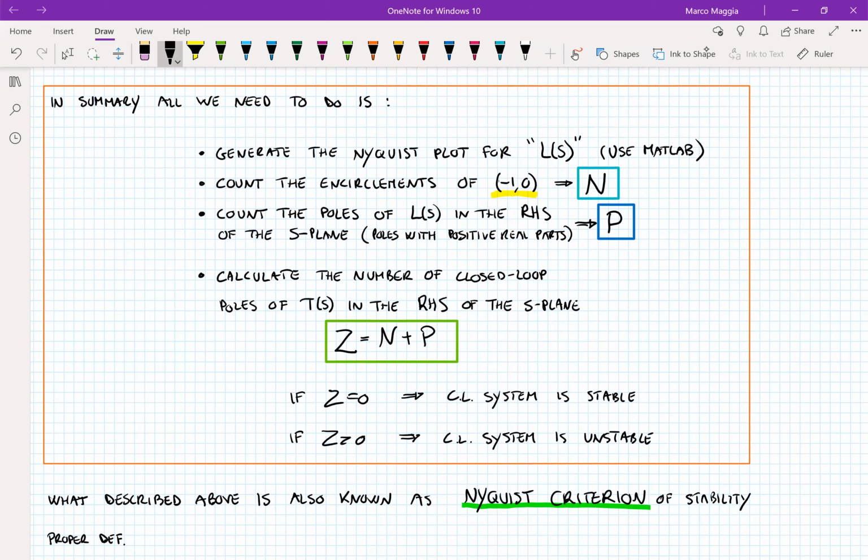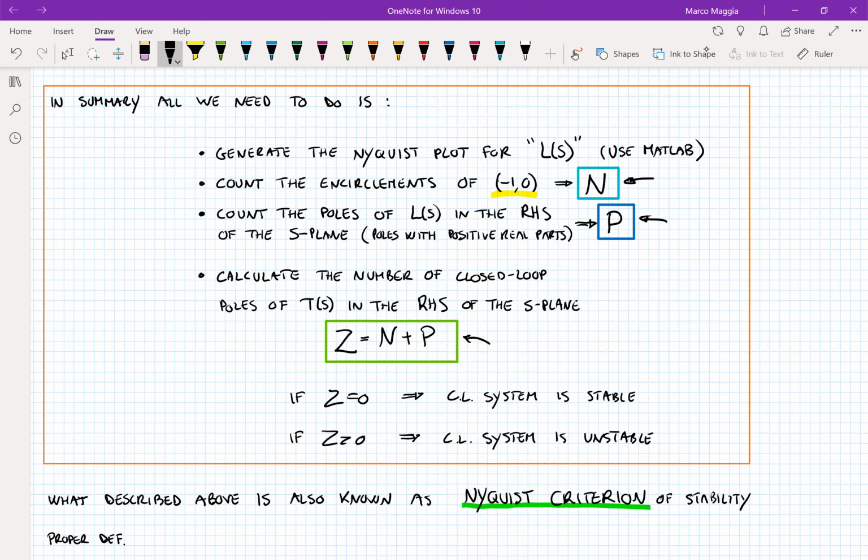So all you need to do is count and sum the two numbers. Very, very easy in the end. You see that it took us a little bit to get there. There's quite a bit of reasoning behind it. It's very fascinating, but the criterion itself is straightforward. Just count the encirclements of -1.